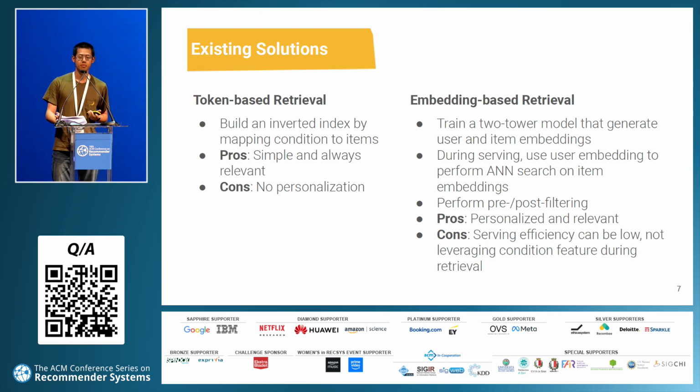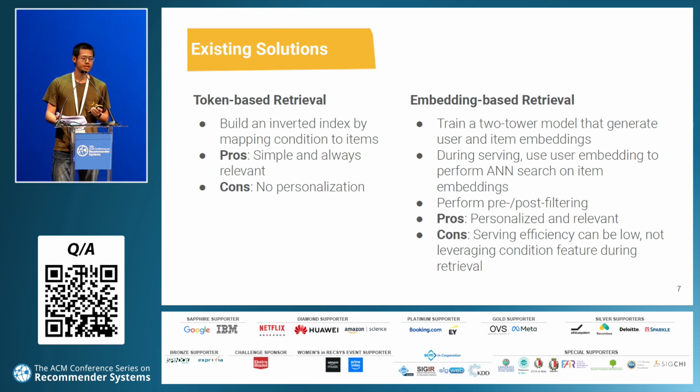And the more popular embedding-based retrieval methods, where we use a two-tower model that generates user and item embeddings and serve them using approximate nearest neighbor search. In these methods, we can tweak things by applying a filtering technique before, during, or after the ANN search to accommodate the conditional retrieval use case.